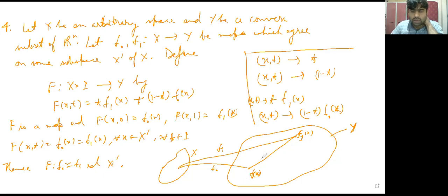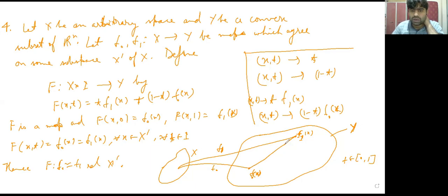Now what is this actually? This is t f1 x plus 1 minus t f naught x. This is the line segment when you allow t to vary in this interval 0 1.